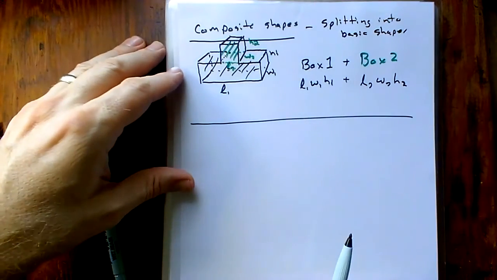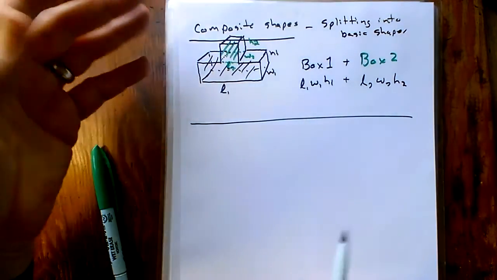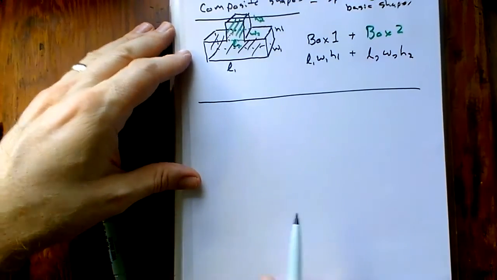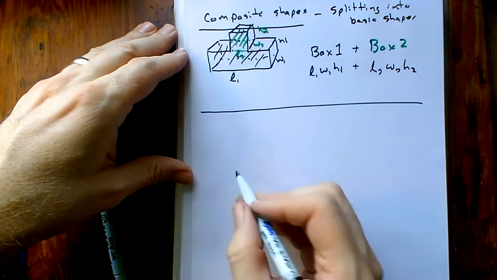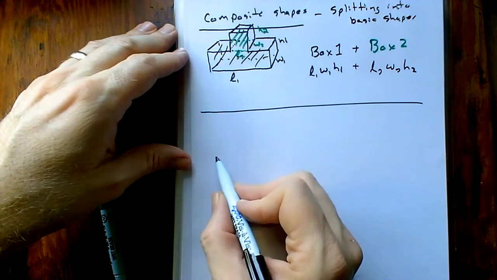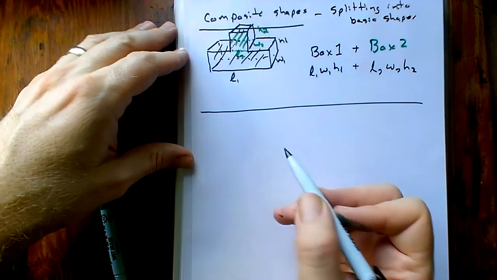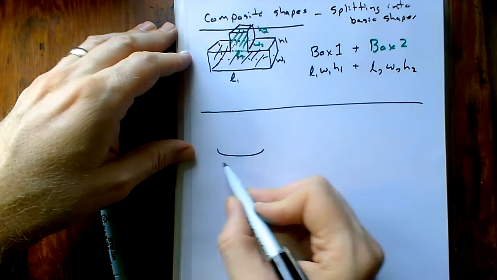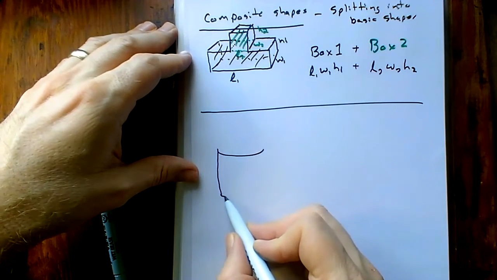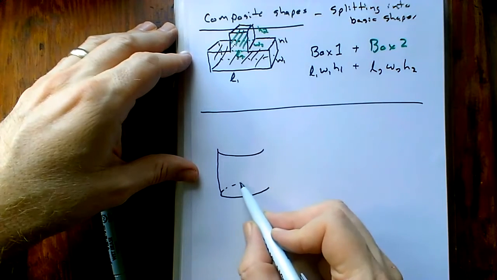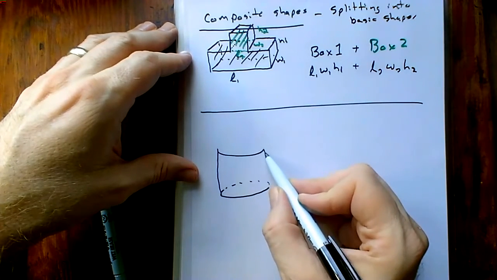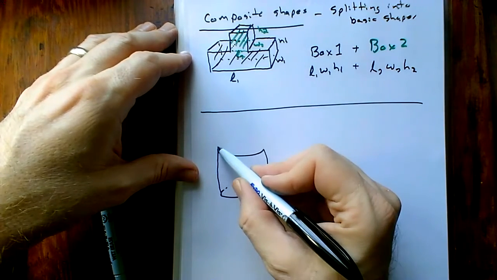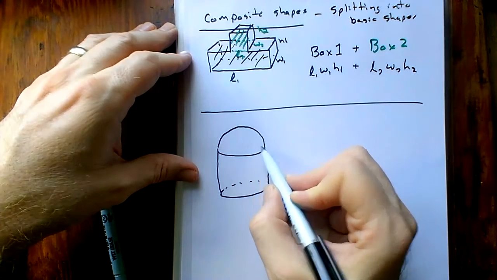Some of your other composite shapes, you might not be using all of a shape. A couple ones that you're going to run into might be things like a domed silo. So say I've got a cylindrical silo that is topped with a dome.